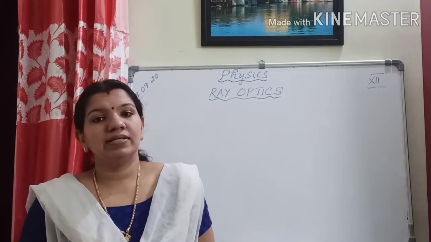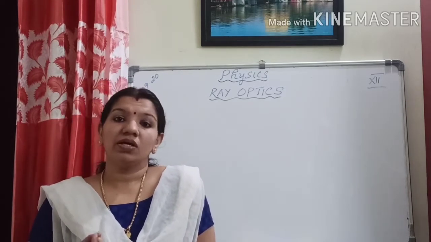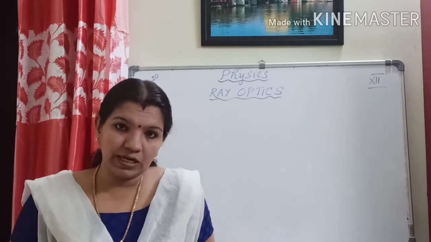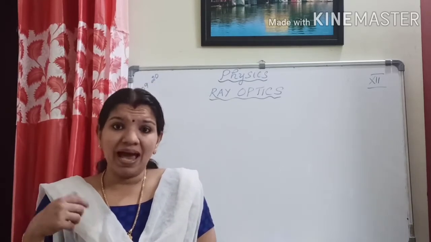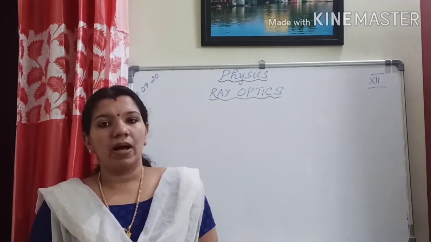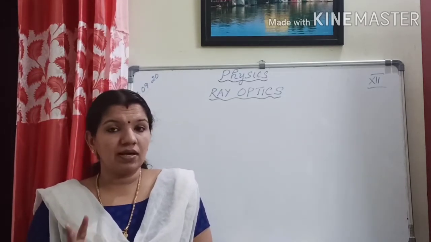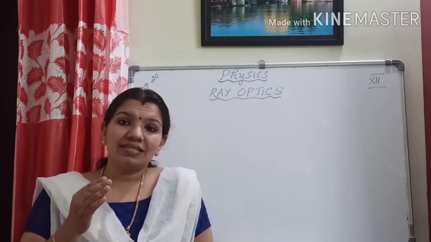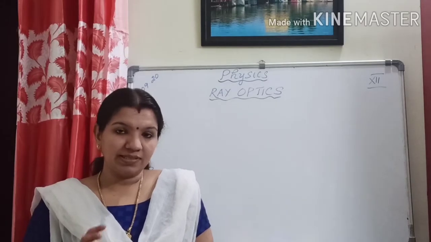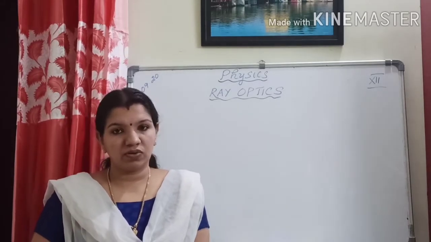Microscope, as you know, is an optical instrument used to view very small objects clearly. So it magnifies the small objects. That is the purpose of microscope, and microscope is classified into two, that is simple microscope and compound microscope.